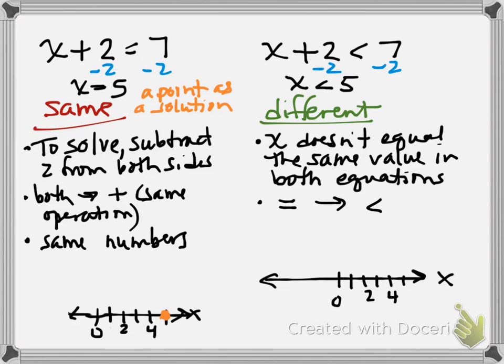So if it's just a less than symbol, it's an open circle because it says it can't include this number 5, but it's going to start as close to 5 as possible, and it's going to go less. So when I color less, I actually color in, including an arrow cap, on my number line, indicating the direction I'm going to go.